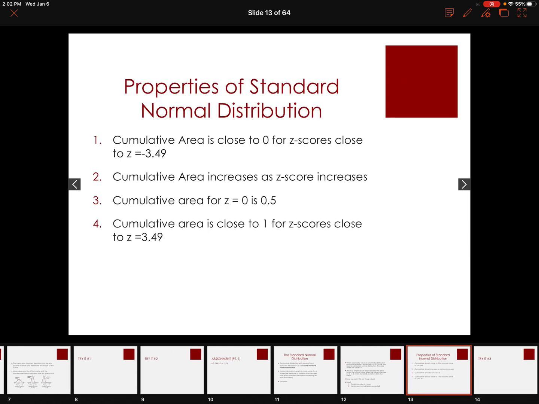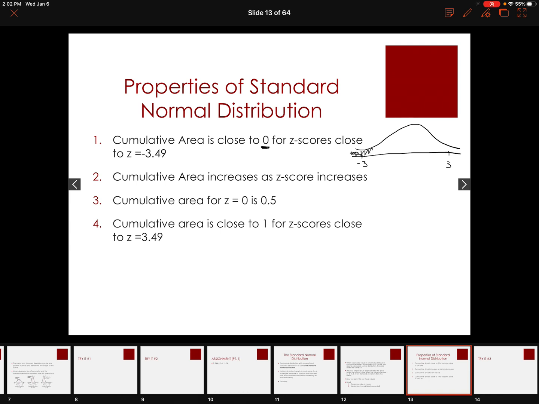So the cumulative area is close to 0 if the z-score is close to -3.49. Well, if you think about this, the area under the curve is 1. When we go past -3 or above 3 standard deviations away, it gets very, very tiny, which means the area is going to be close to 0.